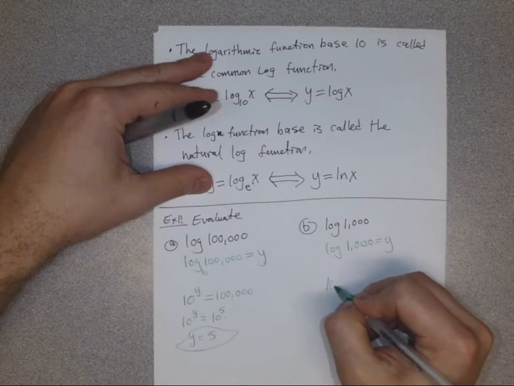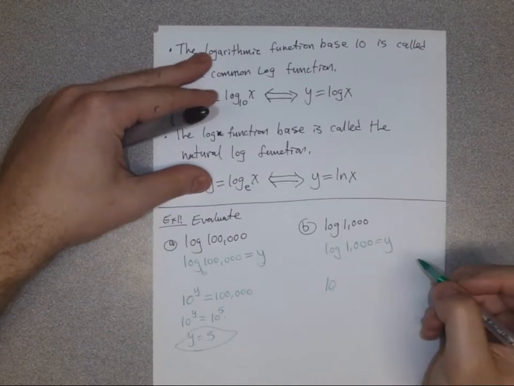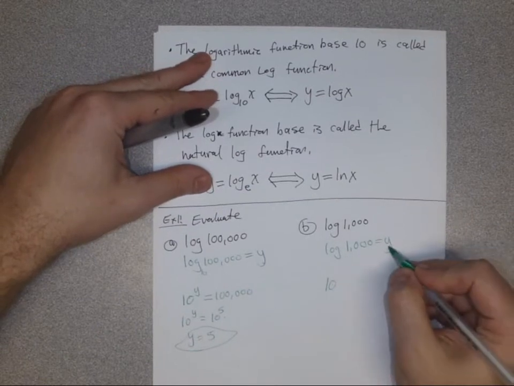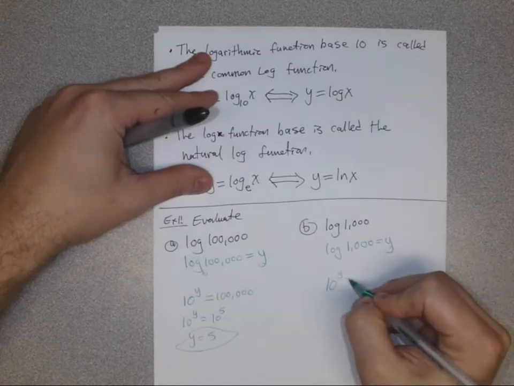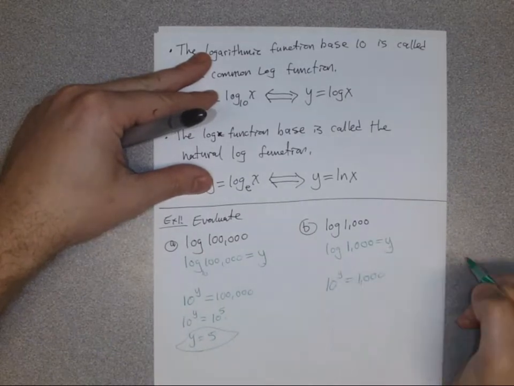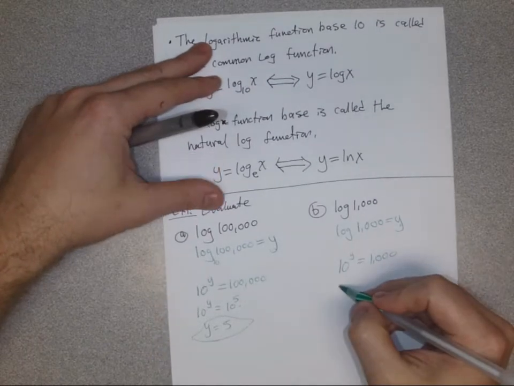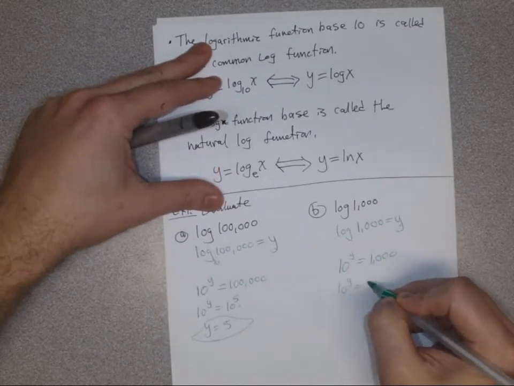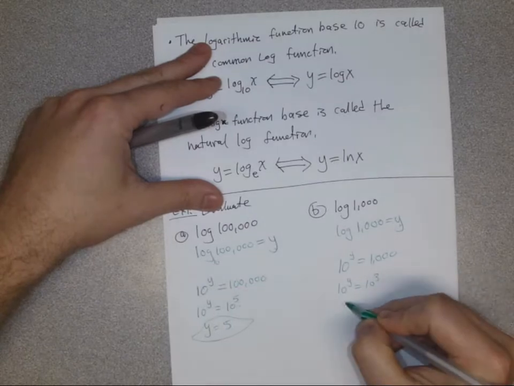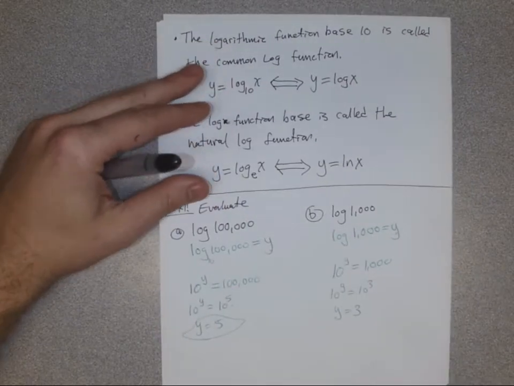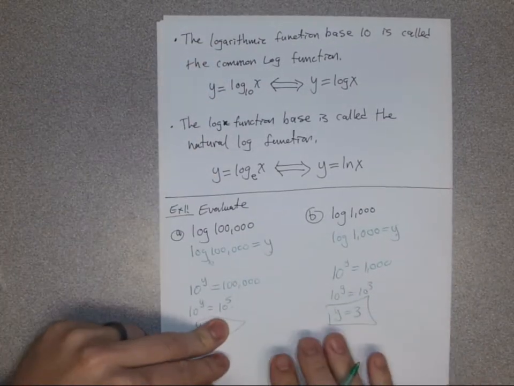So I know my base is 10 because nothing's written. That means it's 10. Then my exponent is y, and that's equal to what's left over. So I know y has to equal 3, or 10 to the y is equal to 10 cubed, so y is equal to 3. And that would be your answer here.